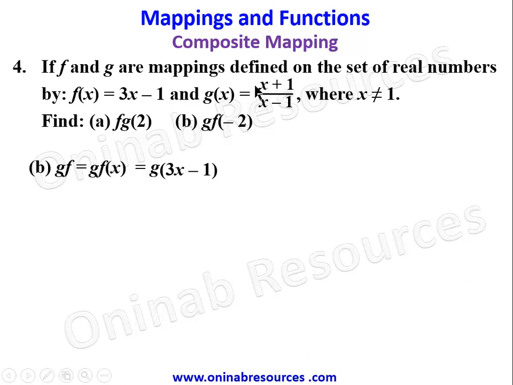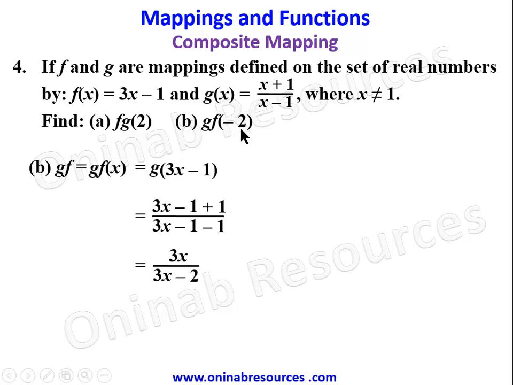So that will now give us 3x minus 1, then plus 1, over 3x minus 1, then minus 1. So simplifying the numerator, negative 1 plus 1 gives 0, so the numerator is 3x. Negative 1 minus 1 gives negative 2, so we have it over 3x minus 2.